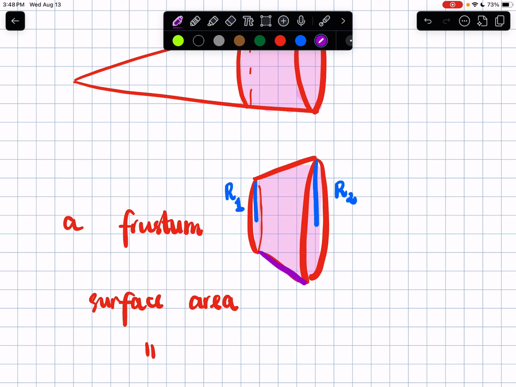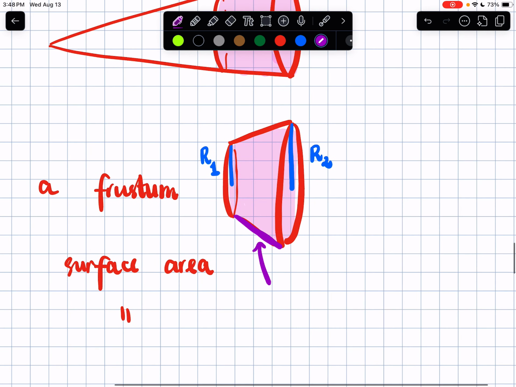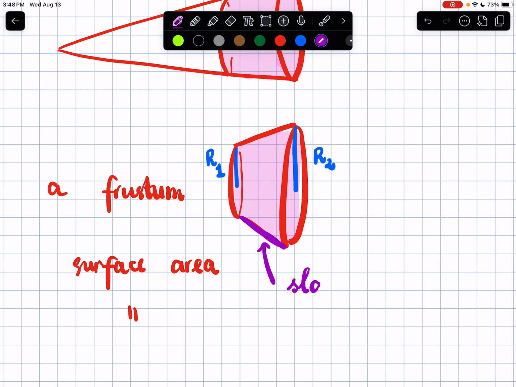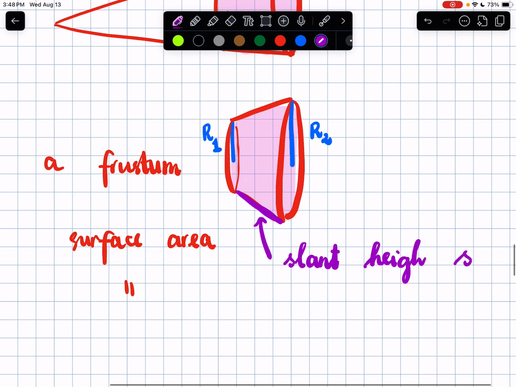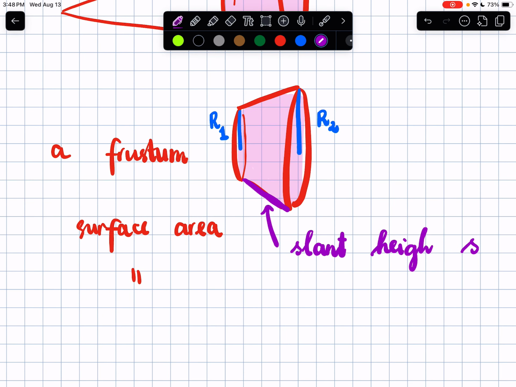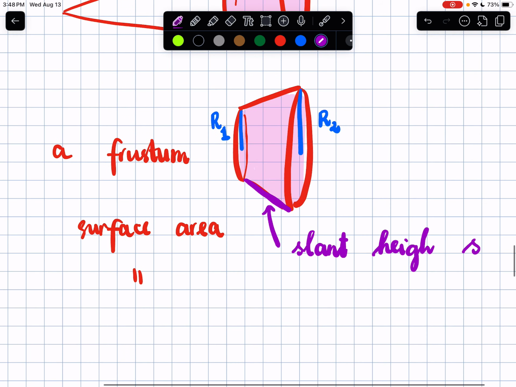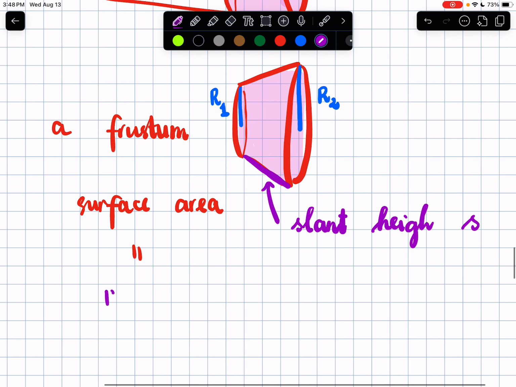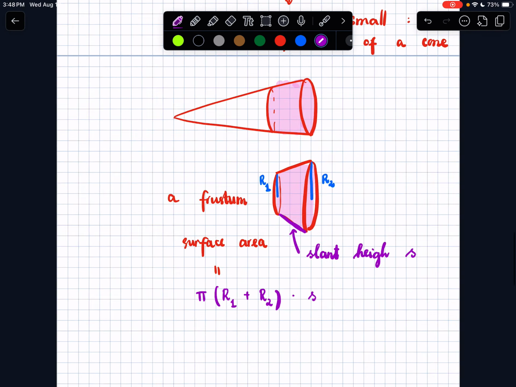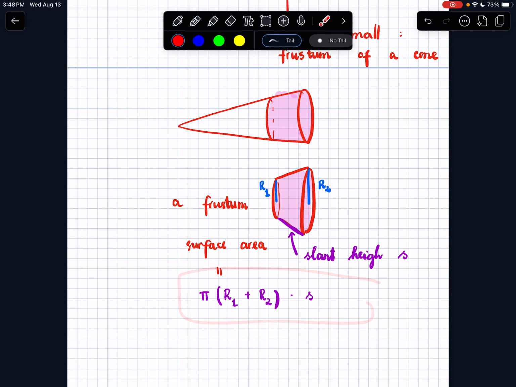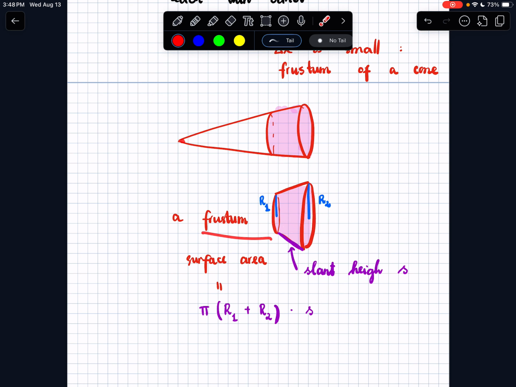And say this length, we call it the slant height. Let's call it s. So the surface area of this frustum is computed as pi times (r1 plus r2) times s. We can actually prove this formula by computing the surface area of this cone minus the surface area of the smaller cone. Then we get the frustum.